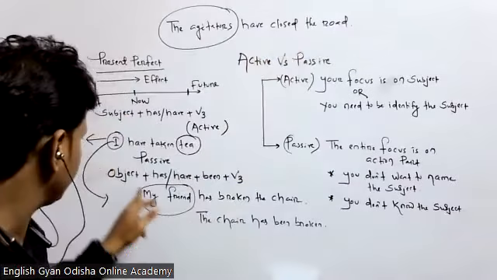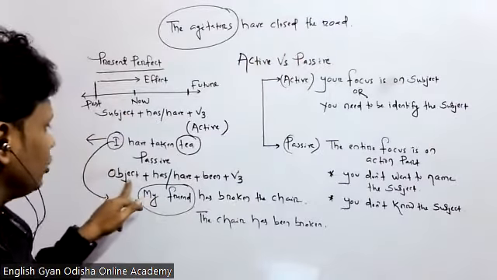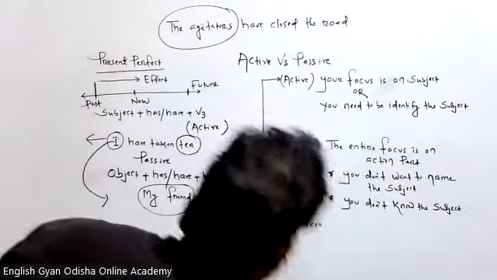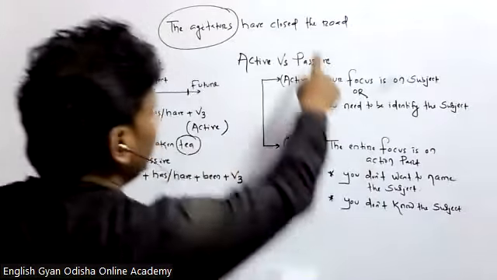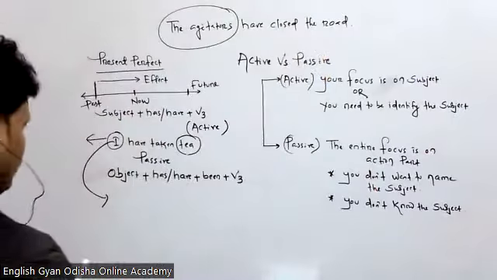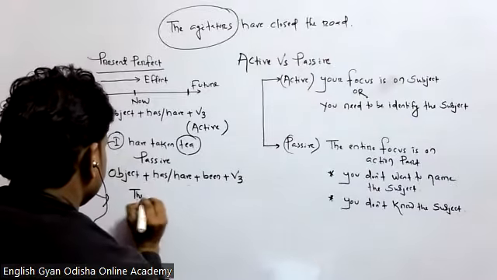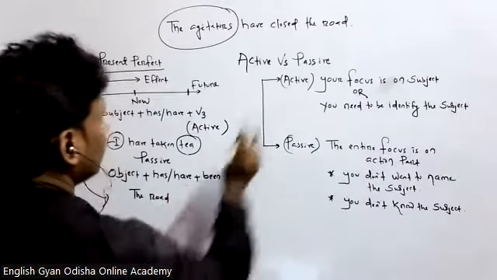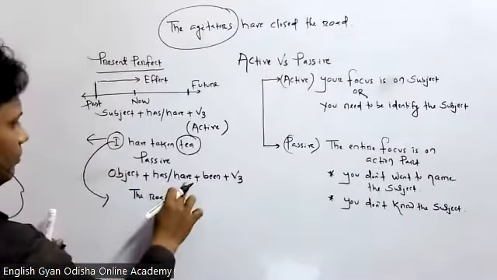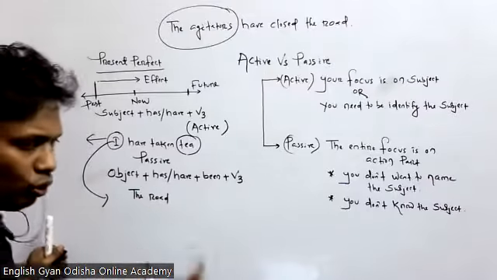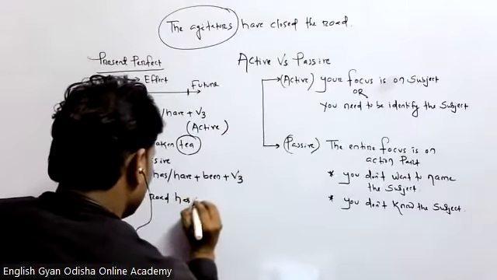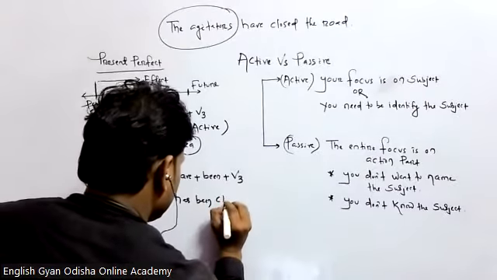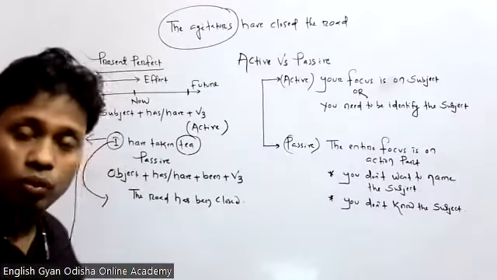Here the object is the road. You can say like this, okay, let me put it like this. Here the road is the object. You can say the road has been closed. Here, has or have? Because road is singular, one road, so the road has been closed. How can I go?